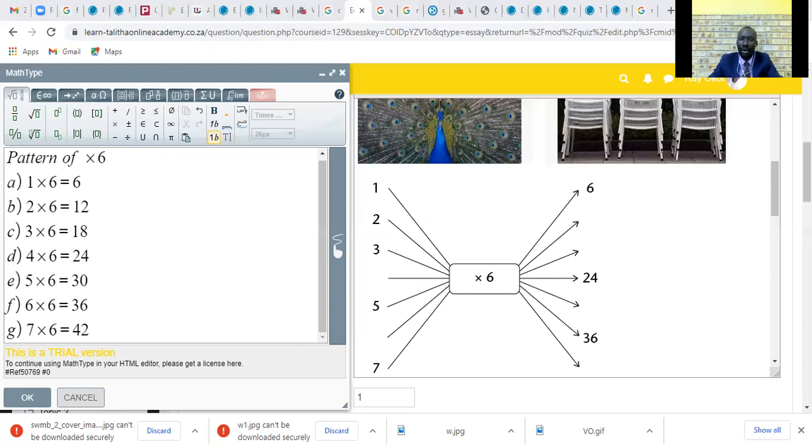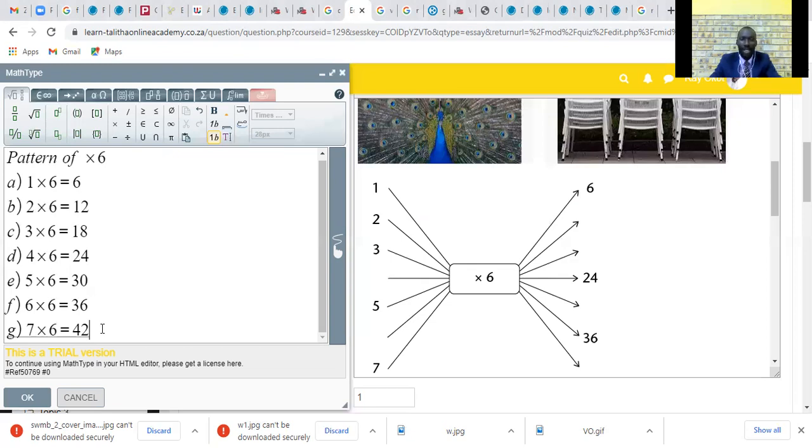Now, notice that a list of numbers which forms a pattern is called a sequence. For example, these numbers that we have got, the 6, the 12, the 18, the 24, the 30, the 36, and this 42.